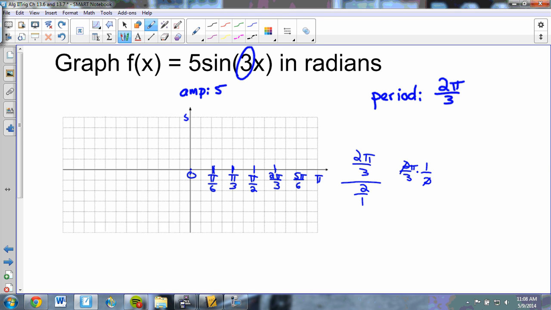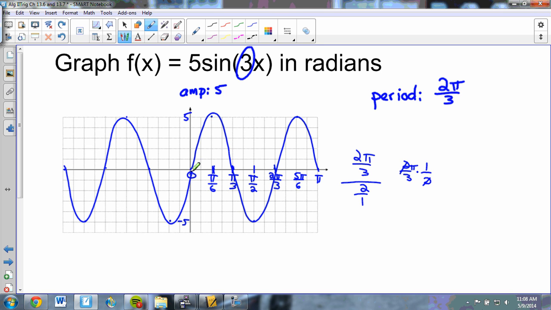Then I'm going to go up to 5 and down to -5, and then it goes middle, high, middle, low, middle, high, middle. And backwards. Same graph, just in radians. The hard part about radians is you're dealing with fractions instead of those nice pretty 30s and 60s and stuff. But that's okay.